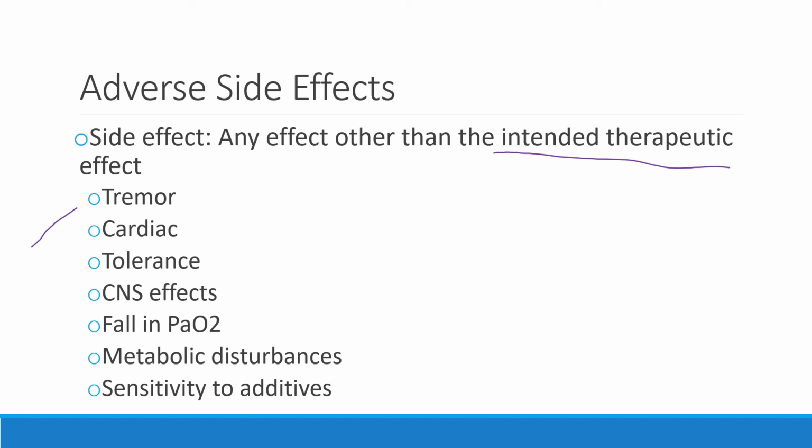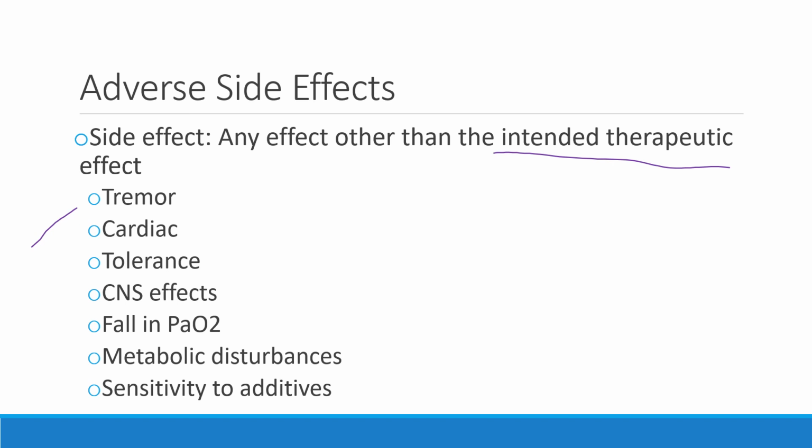Tolerance, where your body builds up tolerance to it. The CNS effects would be there as well. Fall in their oxygen levels, right, because of the metabolic disturbances that are caused. And then they can even have sensitivity to additives as well. So there's a lot of side effects or adverse effects.